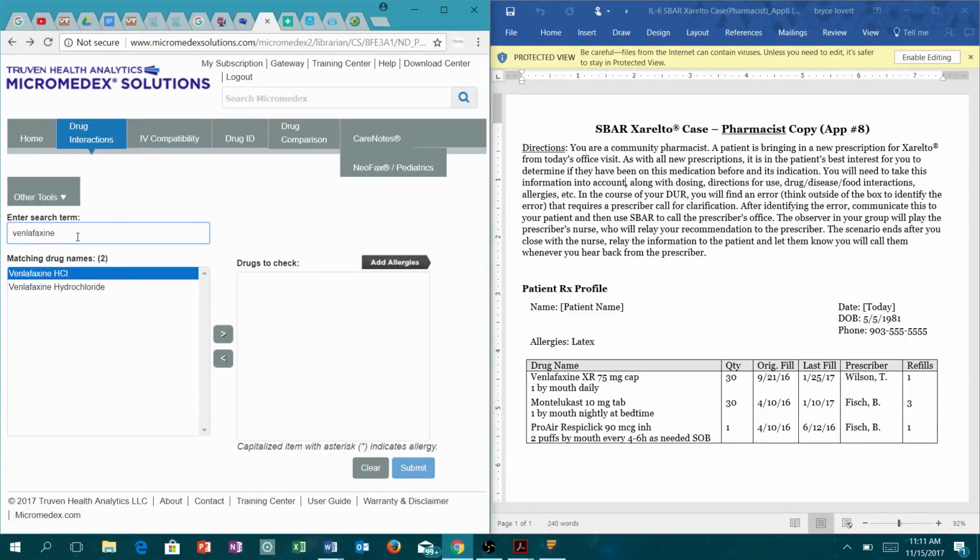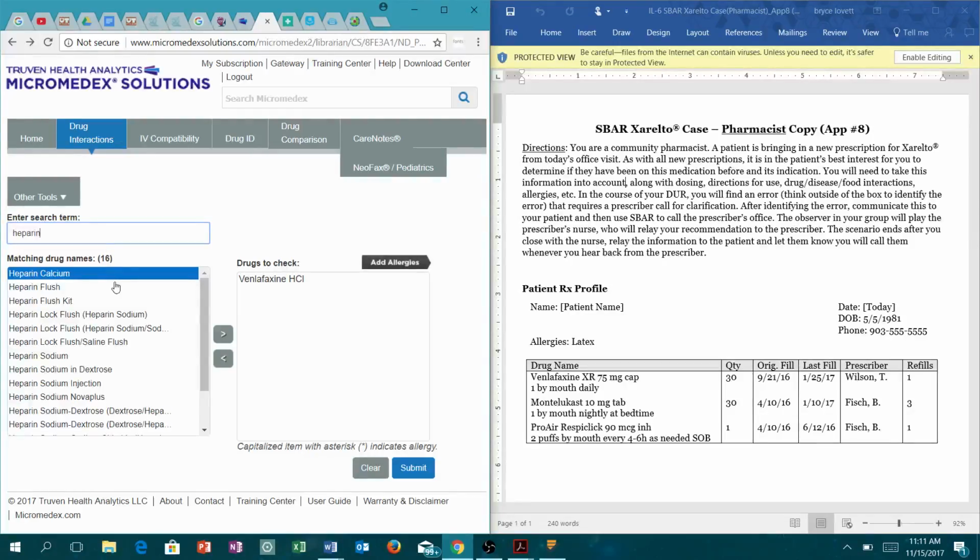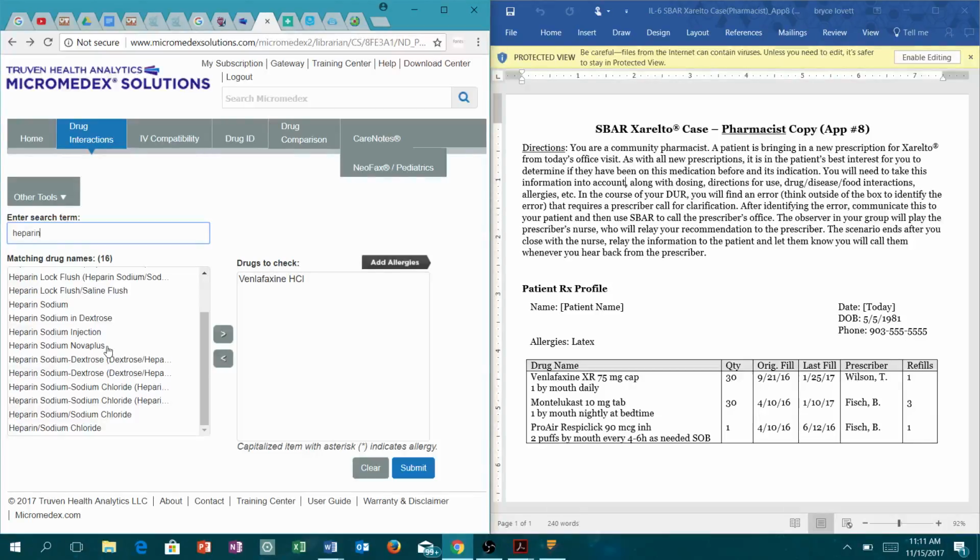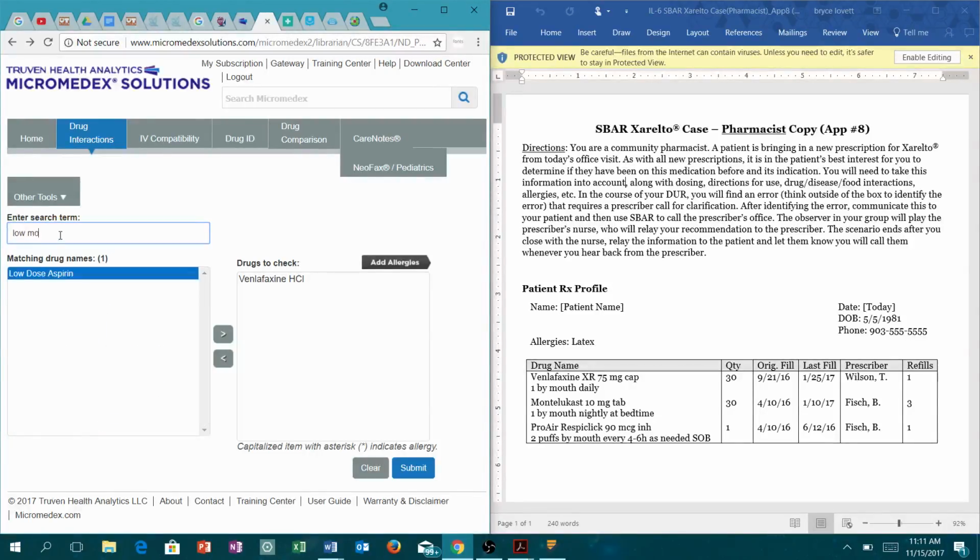Unfractionated heparin. Singulair, I can't pronounce that, 10 milligrams, antidepressants. I take that at night. I take heparin sodium. Which one do you want? You want to stick with that one? I take four times. Oh my gosh, really?